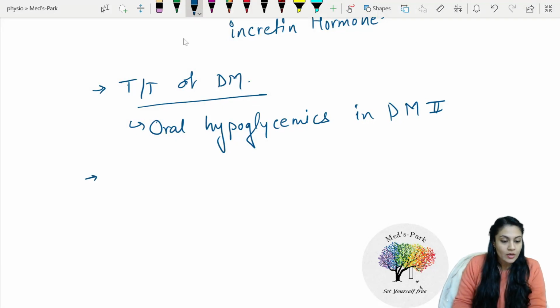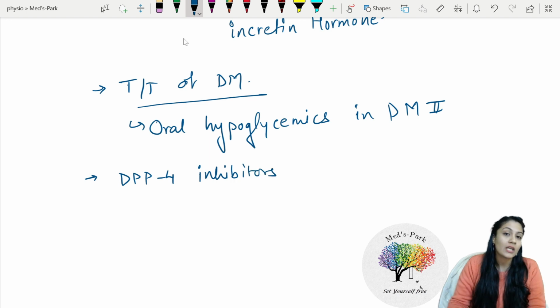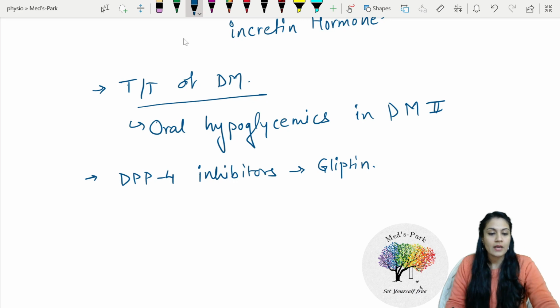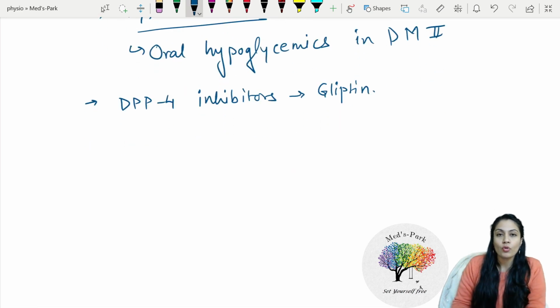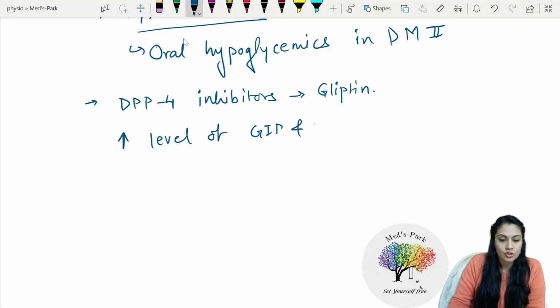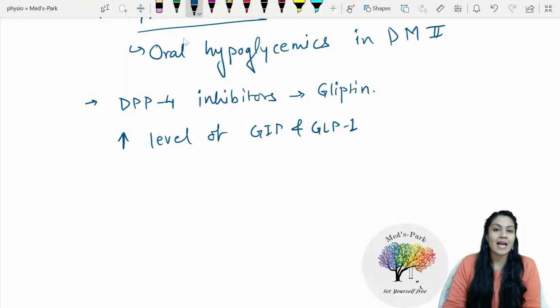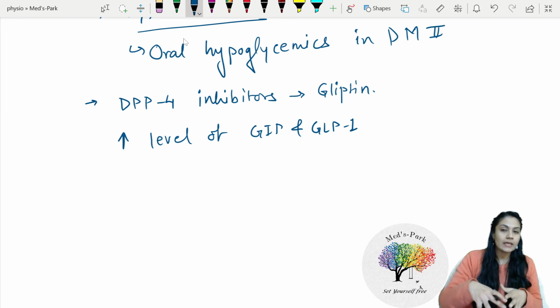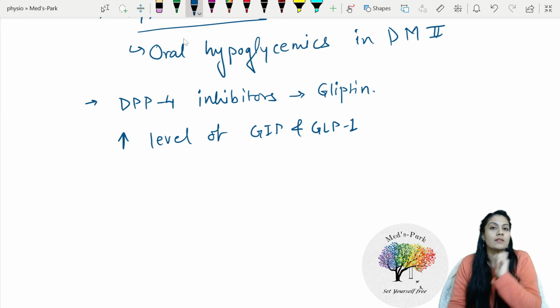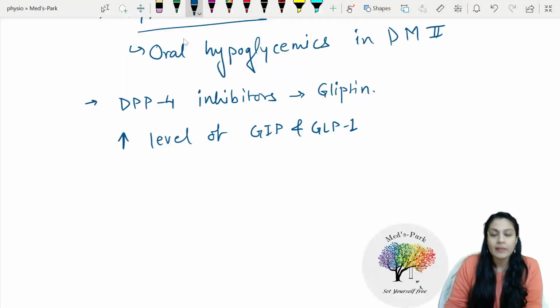Plus we have drugs which are the DPP-4 inhibitors. An example is the gliptins. All the gliptins come under the DPP-4 inhibitors. They increase the level of GIP and GLP-1, so their mechanism is that they indirectly increase insulin via increasing GIP and GLP-1.